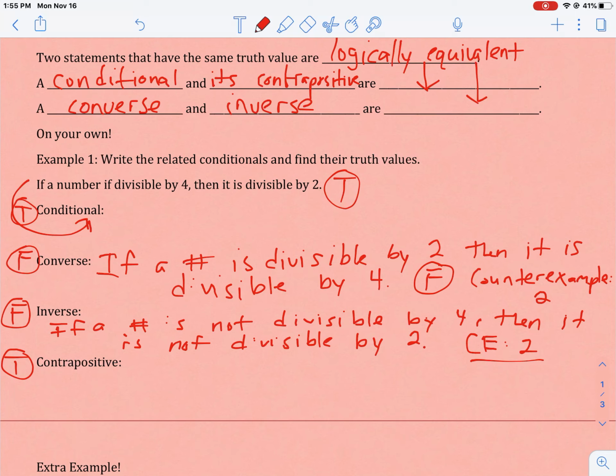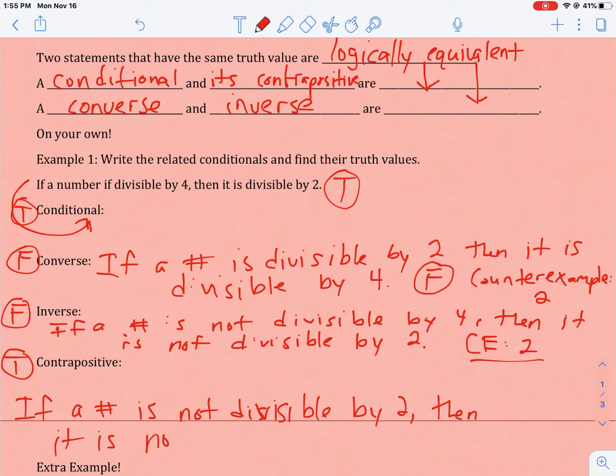So that's not true. The contrapositive, now we're going to switch and negate the original conditional. So if a number is not divisible by 2, then it is not divisible by 4.